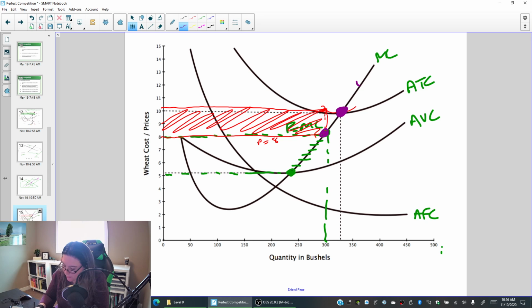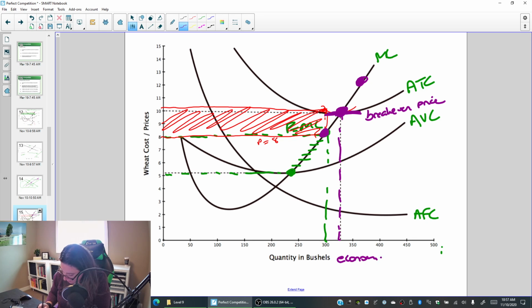Because remember, if the price was up here, people join in. If the price is down here, people get out. What is this price right here? This is the break-even price. And what is this quantity that goes with the break-even price? What's that called?